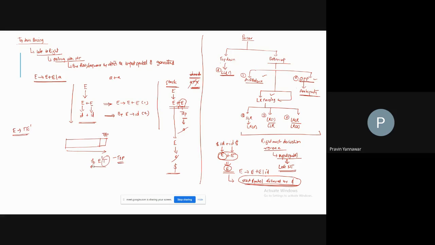It is very easy. In top-down parsing, we go from left to right, from the root to the leaves. What is at the left?